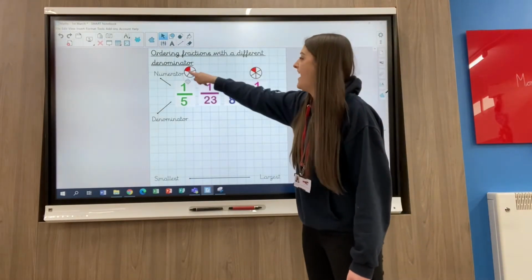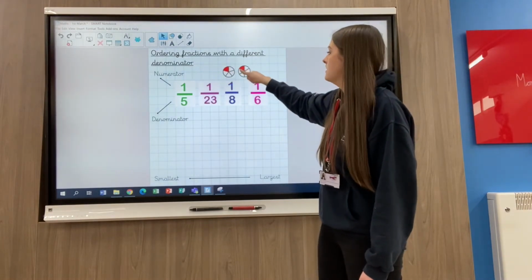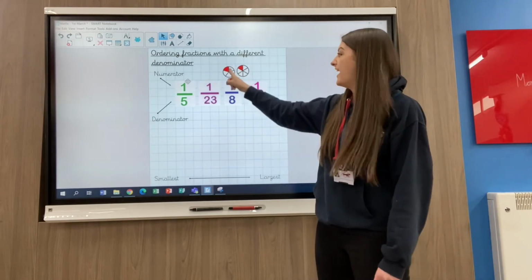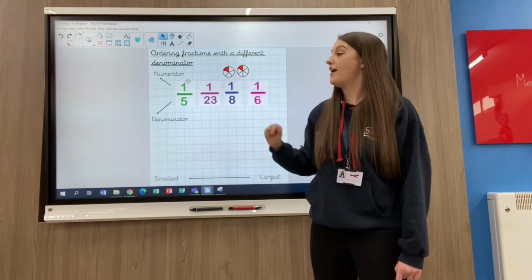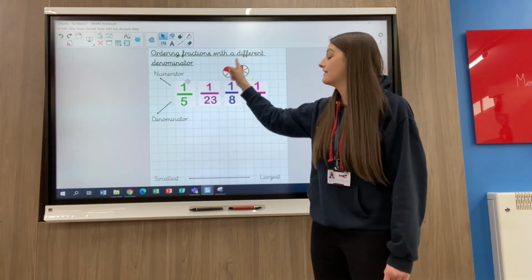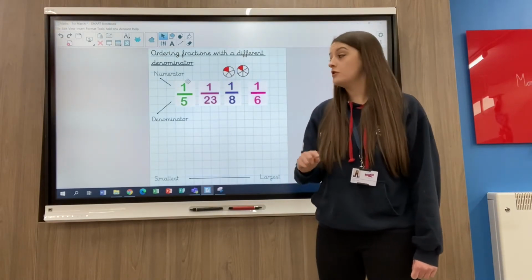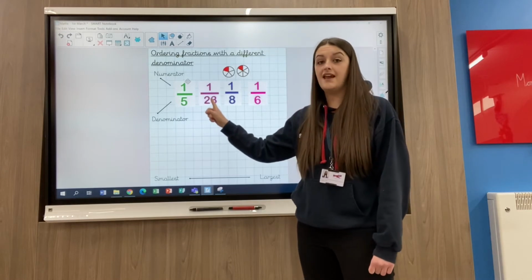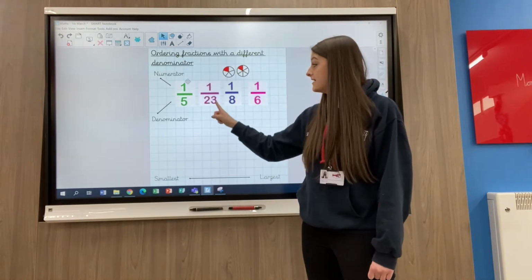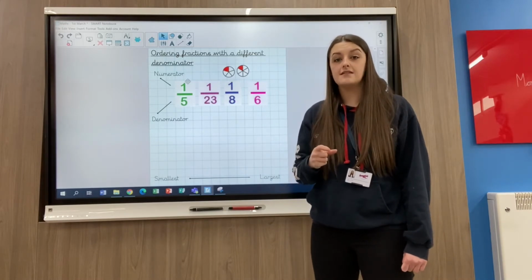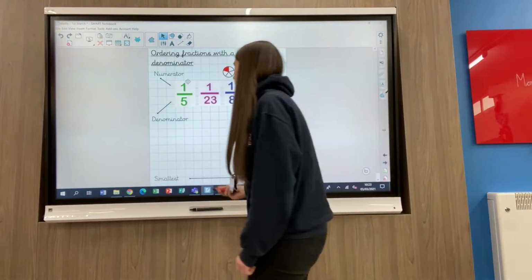Now if we compare the size of those, so have a look at that red section and that red section there, I would get a bigger slice of cake if I took a slice from the cake that's been split into 5 equal parts, okay? So remember the rule, when we're focused on the denominators, the bigger the denominator, the smaller the fraction is.